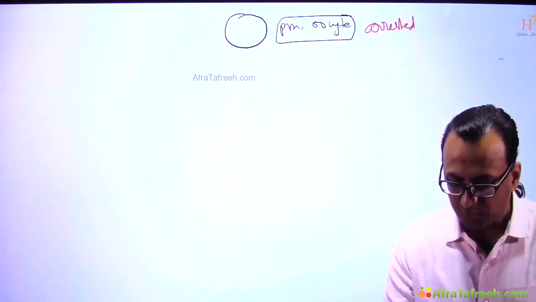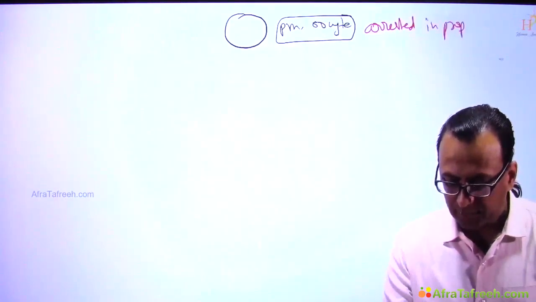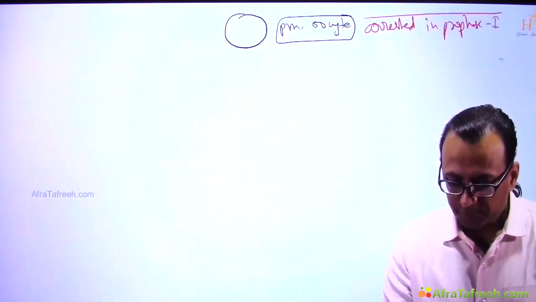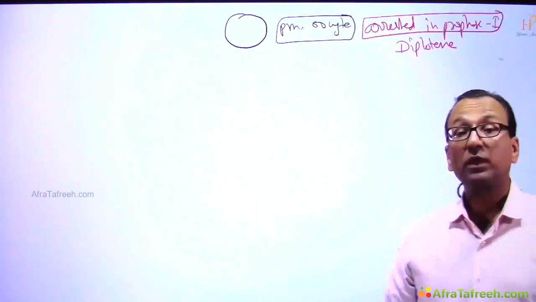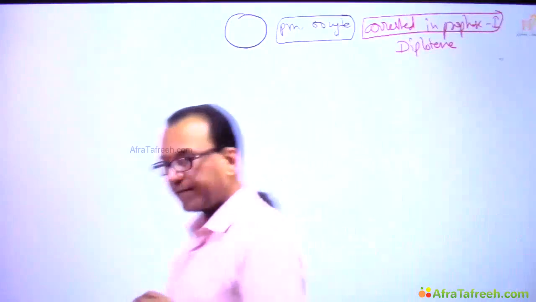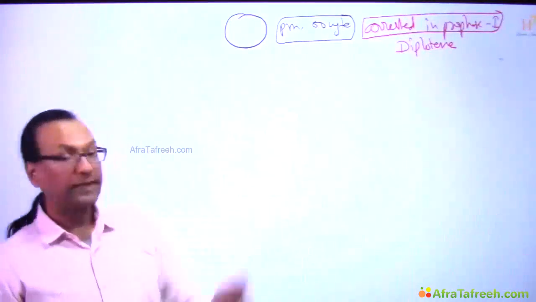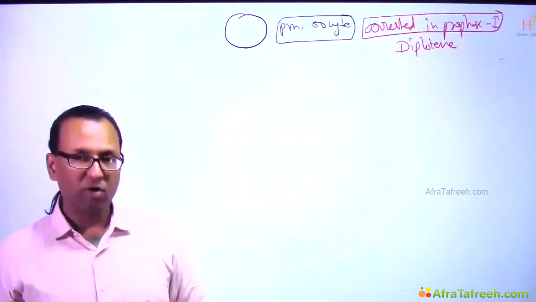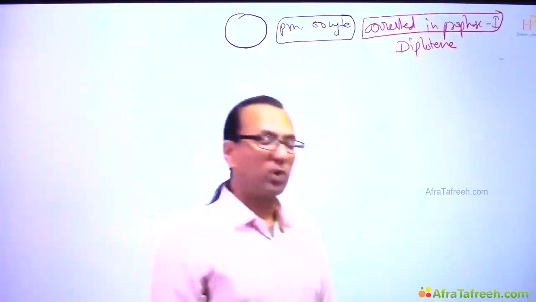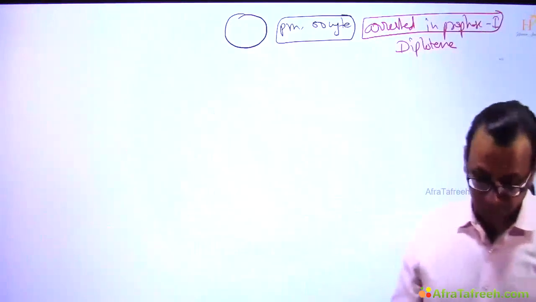So this primary oocyte was arrested in prophase 1. Which stage? That is called as the diplotene stage. This primary oocyte is arrested in prophase 1 in diplotene stage in utero only, before the baby was born. It was already in meiosis 1, arrested in prophase 1.